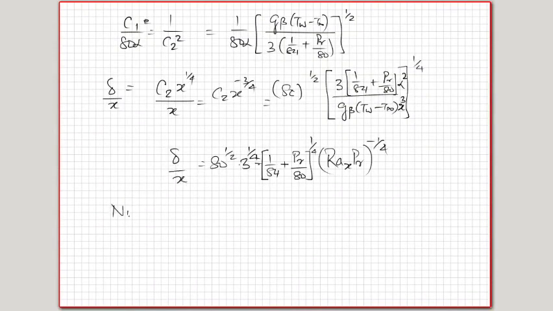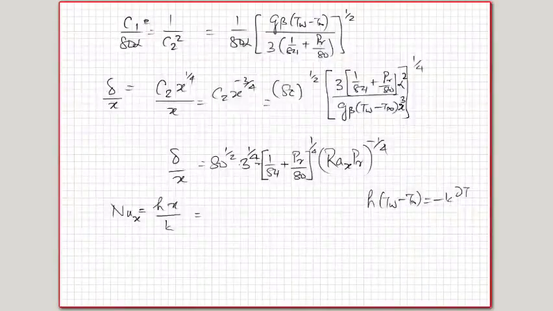Okay, Nusselt number at any x is h into x by k, which will be actually, if I write h into T1 minus T infinity is equal to minus k del T by del y at y equal to 0.